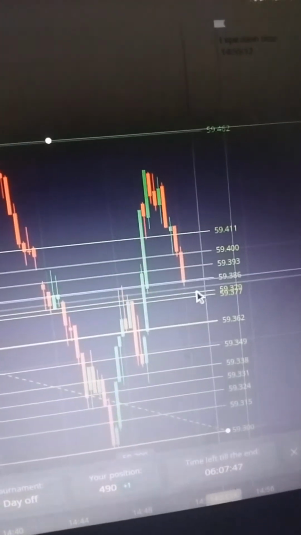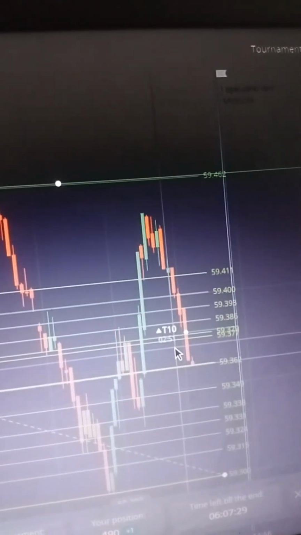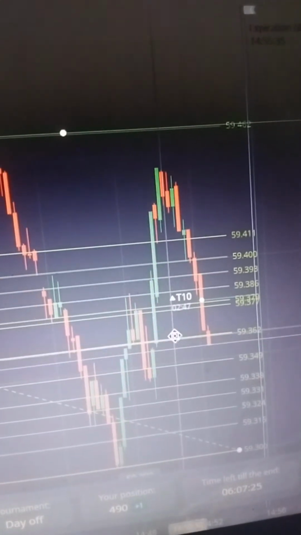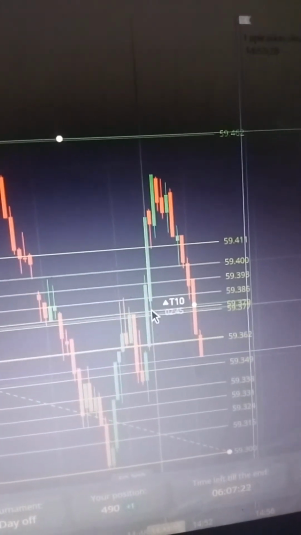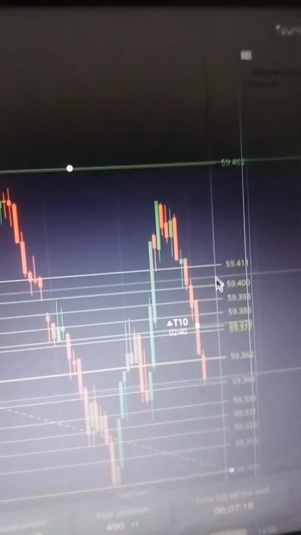Okay, so I want the price to touch that lower part of the imbalance. So I'll be long. As you can see, I bought for 3 minutes of $10. I bought that one down there, trusting this pause, these liquidity voids and this imbalance would support the price higher.